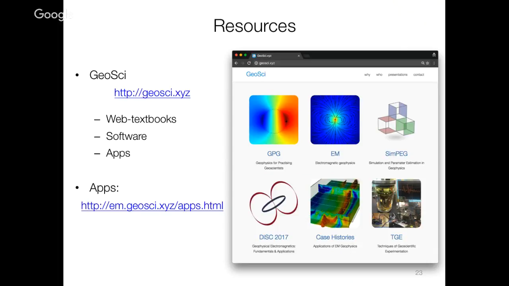And then here's our EM GeoSci, SimPEG, the DIAS case histories. And we've got lots of apps. You've only seen one, but you've seen that there are others. So again, Lindsay will show you more on how to access those, what to do with them, what they look like.